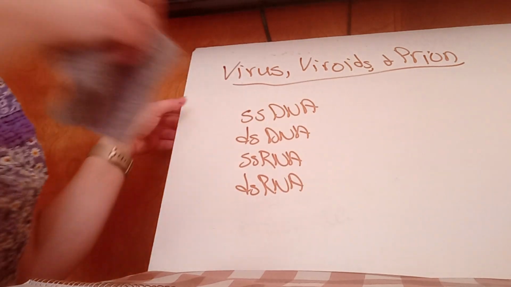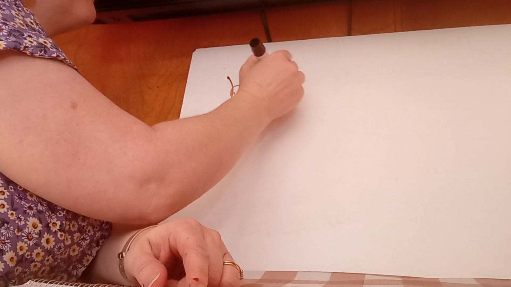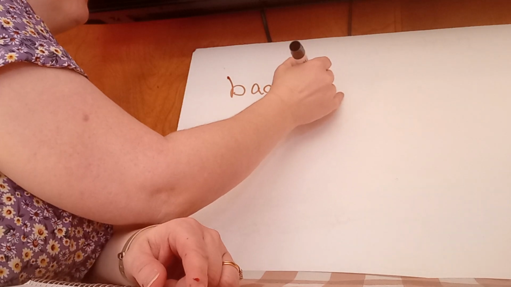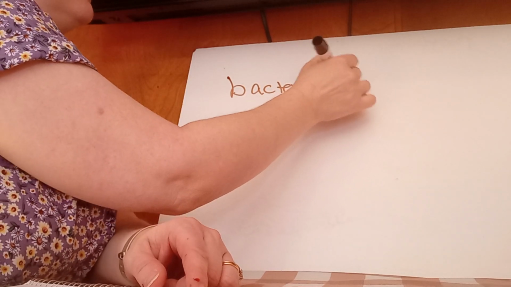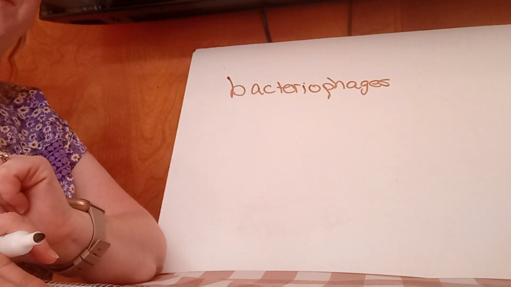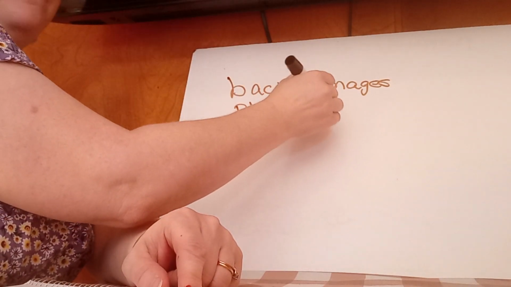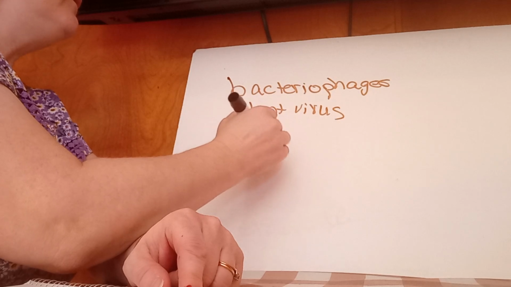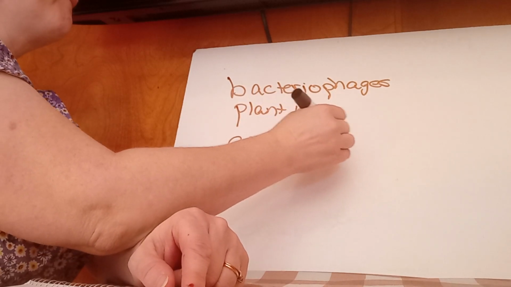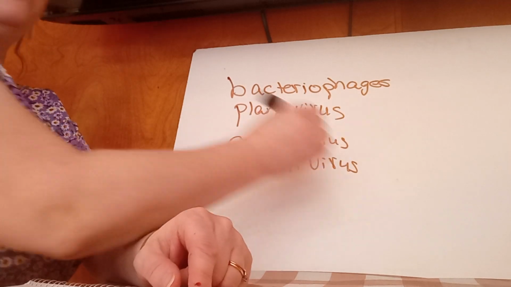There's a couple different types of viruses, whether they can go into a human or different types of animals. So we have bacteriophages. These could only invade bacteria. We have a plant virus or animal viruses or human viruses. And a lot of times they don't jump from one to the other.